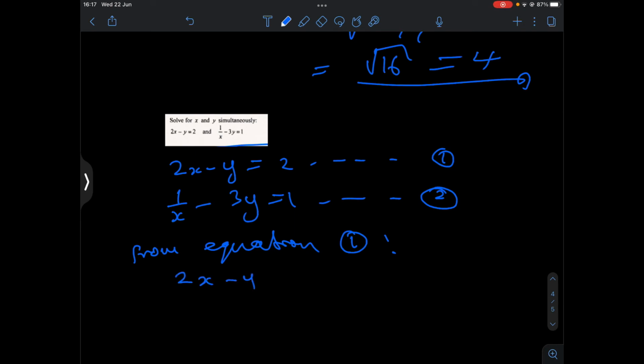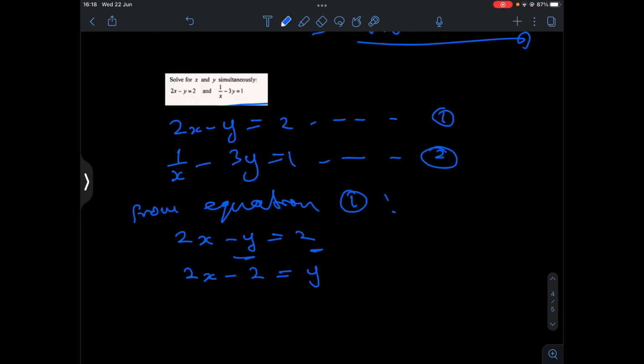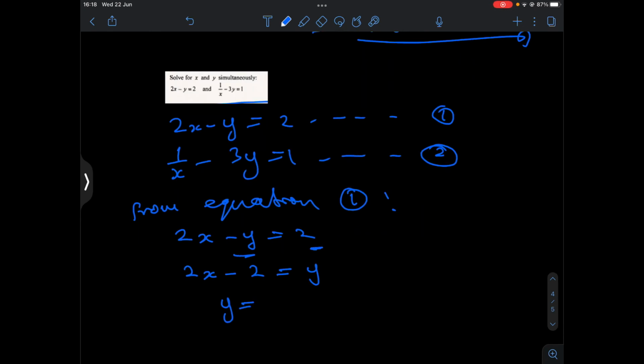2x minus y equals 2. Bring the negative y to the right hand side and this 2 to the left hand side. So we have 2x minus 2 equals y. So now let me rewrite it properly. That's y equals 2x minus 2. We will call this equation 3.